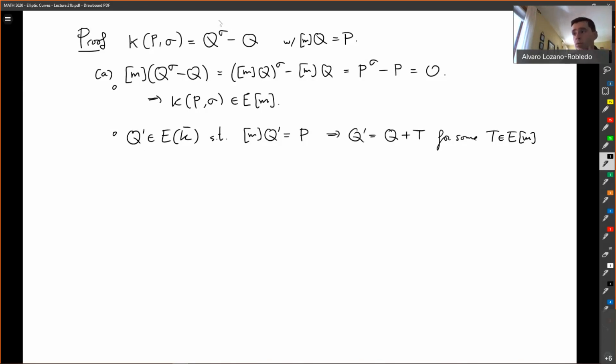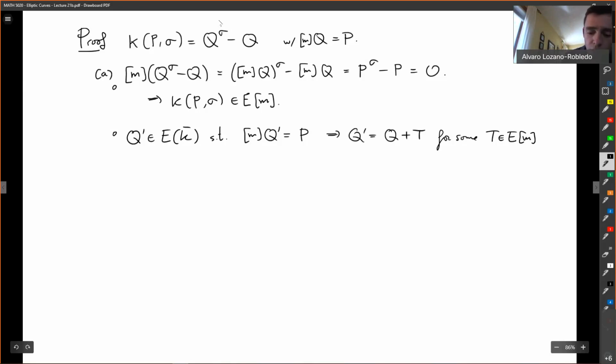Okay, so that's one proof. You can also just subtract Q prime from Q, multiply by M, and get 0, and therefore Q prime minus Q is a torsion point.